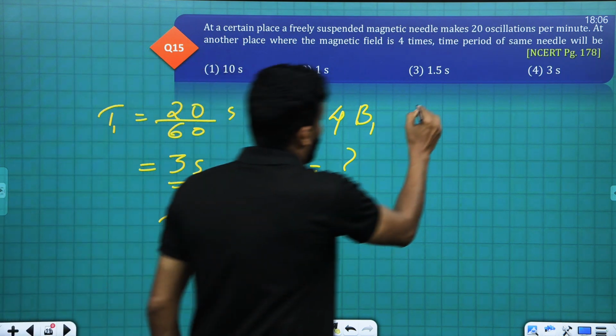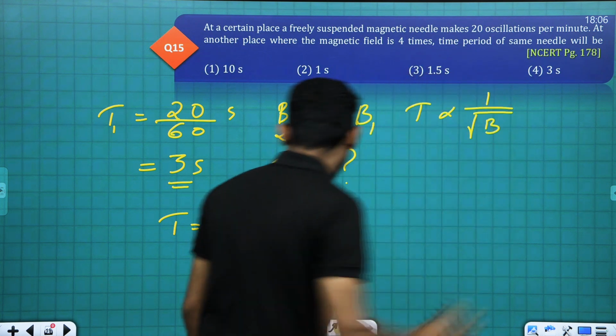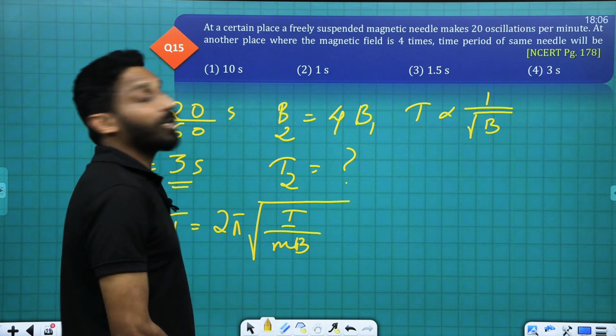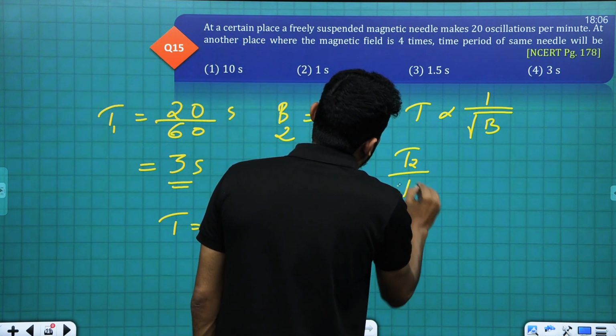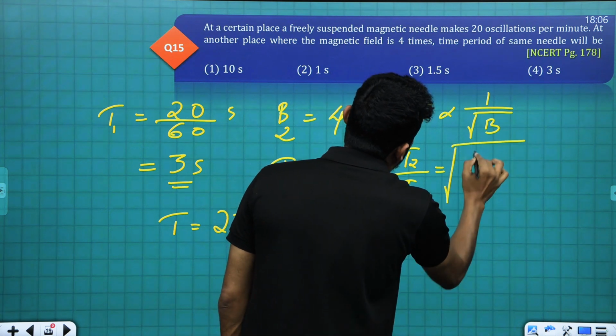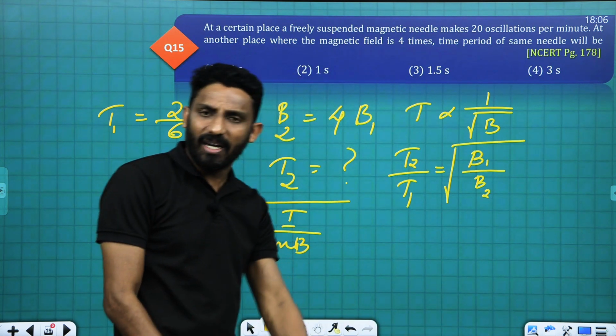Which means that time period is proportional to 1 by root B. The other quantities are constants. Then T2 divided by T1 will be root of B1 divided by B2, because it is inversely proportional to field intensity.